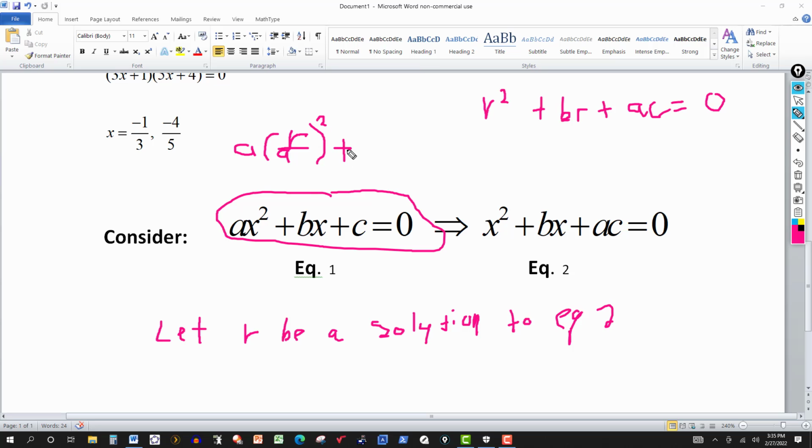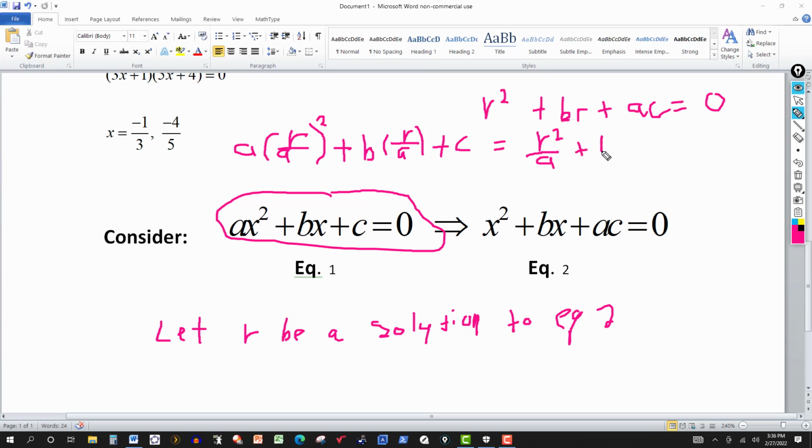So this is plus b times r over a, plus c. So this gives me r squared, and then this would be a squared, but then I have an a, so that would cancel one of the a's, so this would give me this.